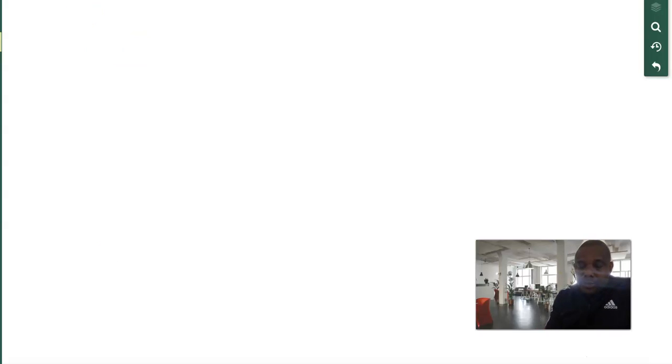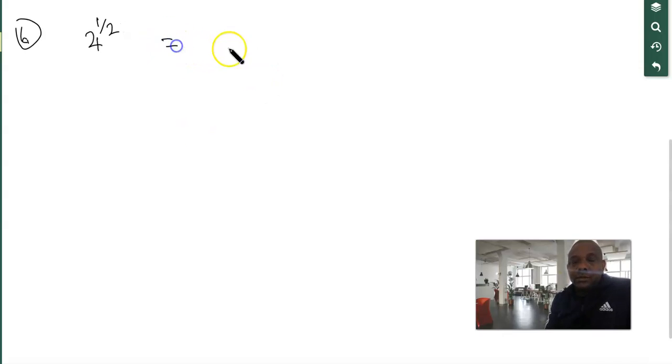Alright, so the last one, the sixth law, is number 6. If I have, let's say, 4 raised to 1 over 2, based on the law, it's something like saying the square root of 4, which is equal to 2.